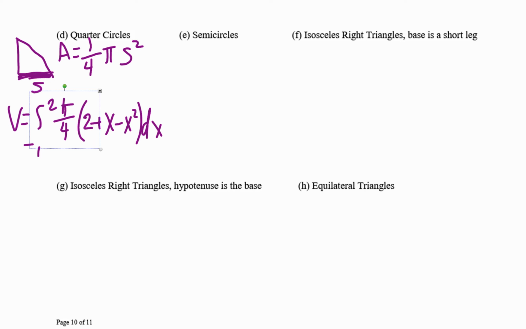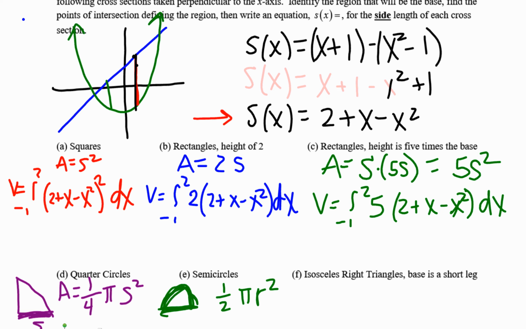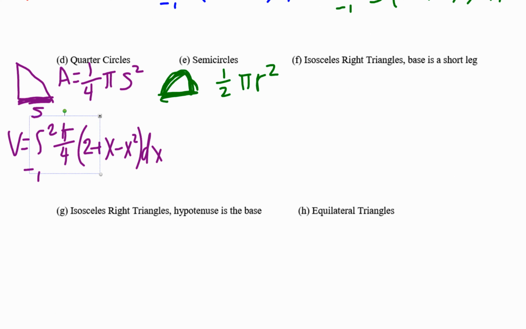All right, this one's a little different. We have semicircles. So the area of a semicircle is 1/2 pi r squared. But since we're building semicircles on the top, this would be our S. Well, that's the diameter.